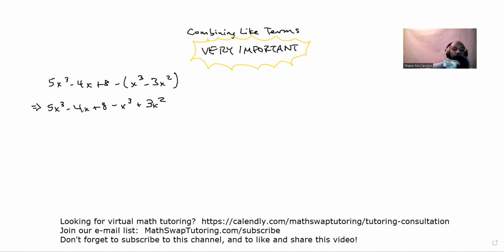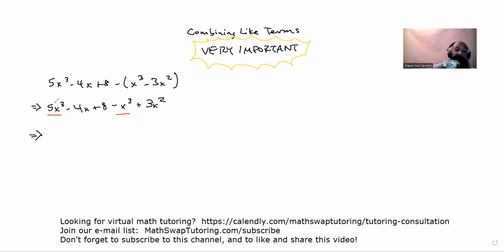Now let's look for our like terms. Are there any other x cubed terms? Yes, you got this one and this one. All right, what about x terms? You got this 4x term, or are there any other x terms? No. What about constants by themselves? No. What about x squared terms? No. So the only like terms are these two right here. So those are the only two we have to combine.